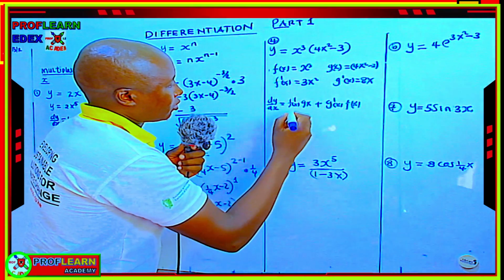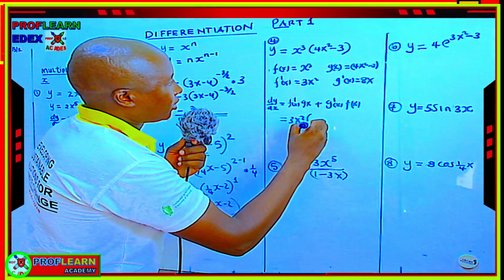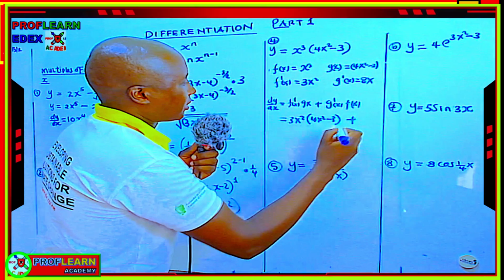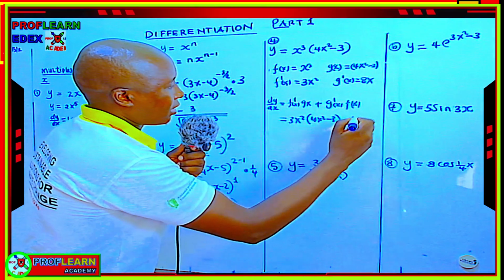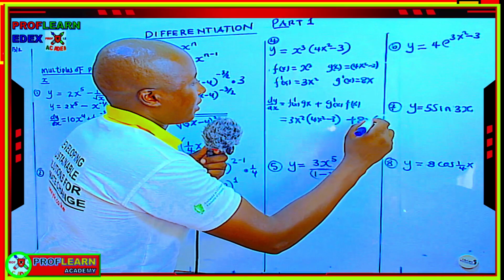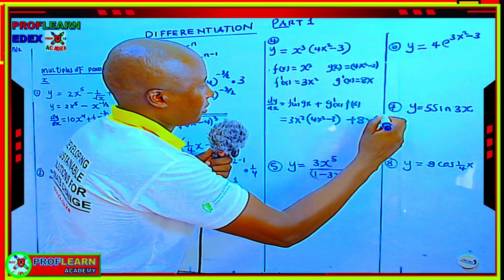So this one is going to be f prime, which is 3x squared. Then the function g of x is going to be 4x squared minus 3. Then plus, now g prime is 8x into bracket, g prime of x times f of x, which was x^3.